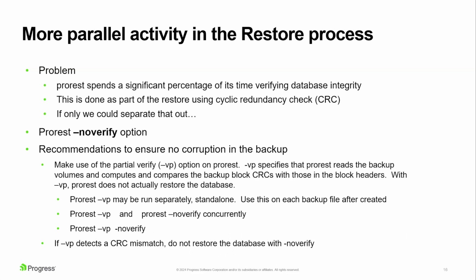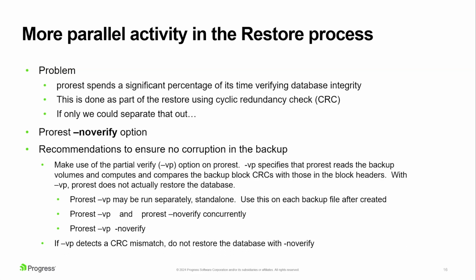ProRestore has for quite some time offered this partial verify option. What it does is it specifies that Restore will read the backup file and compute and compare the backup block CRCs with those that are embedded in the block headers. When you use the -VP partial verify, ProRestore does not actually restore the database.